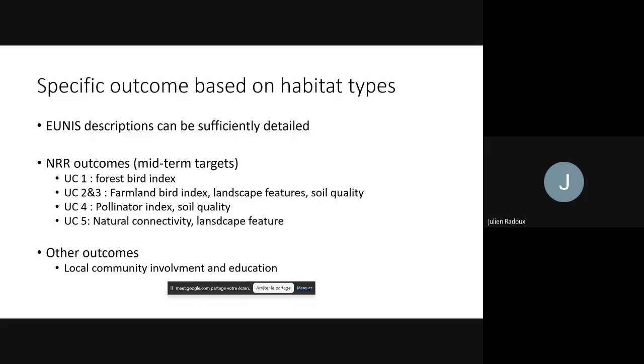In our list, it was only mentioned for use case 5, but in fact, it makes sense to add it for all use cases, because it's a matter of making people aware of the benefits of biodiversity, and for sustaining some biodiversity action, it's good that people are fully aware of what they do.